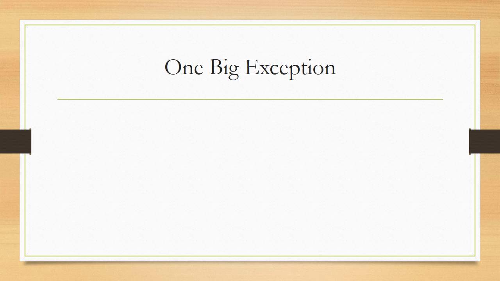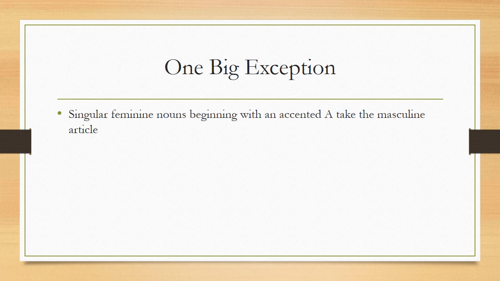Okay. One big exception. This is something that you don't come across that often, but it's something you really have to know, and that is singular feminine nouns beginning with an accented A take the masculine article. The example I used here was águila, which means eagle, and if you want to say the eagle, you're going to say el águila.